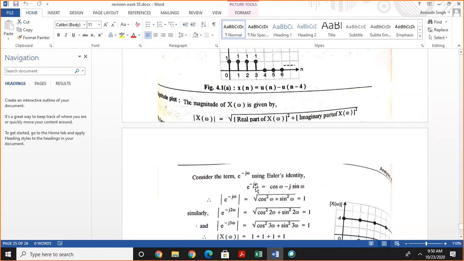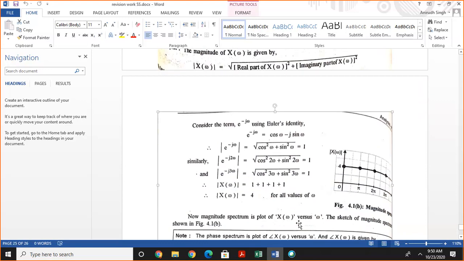So according to the definition of DTFT, X of omega is given by this, where n is from 0 to 3. Then X of omega is written like this.